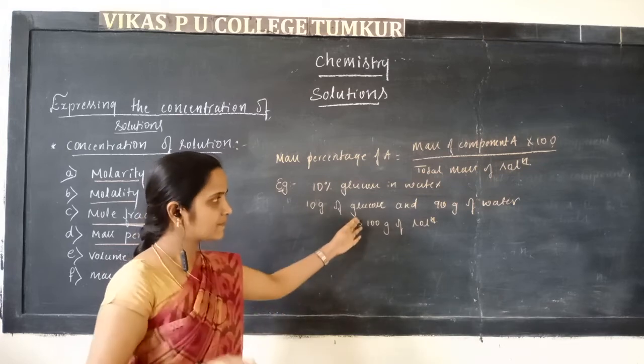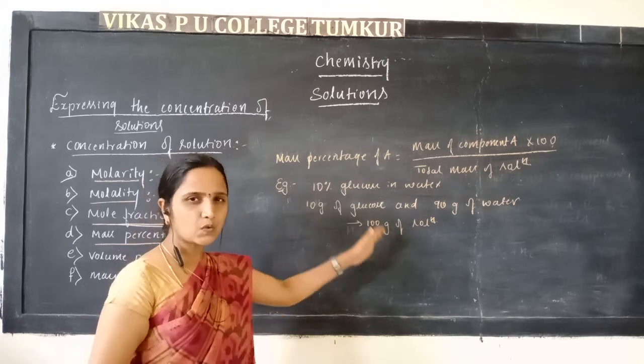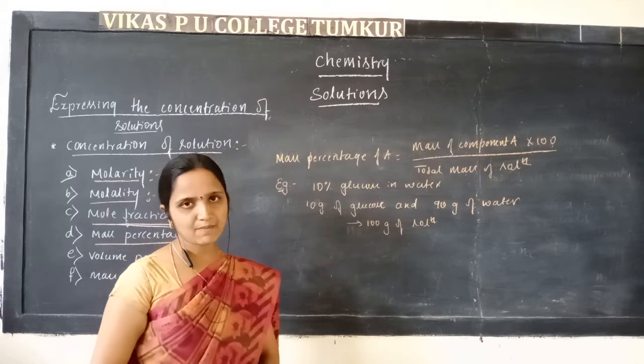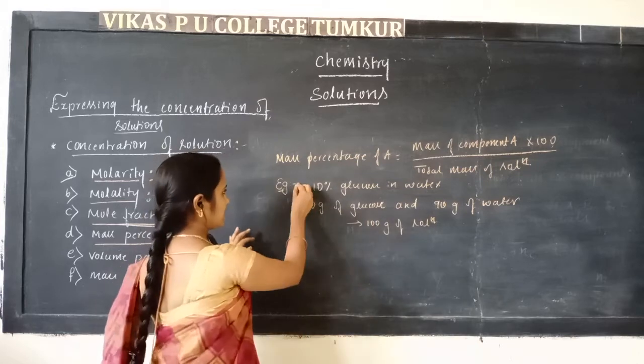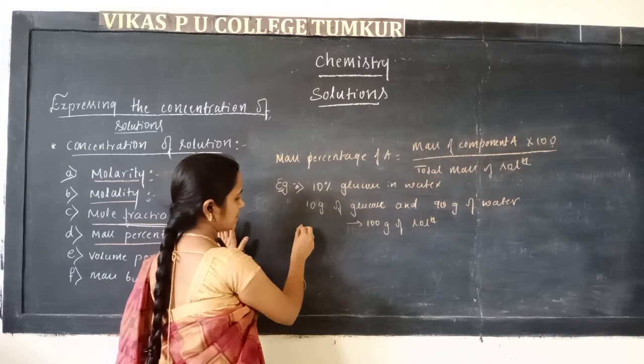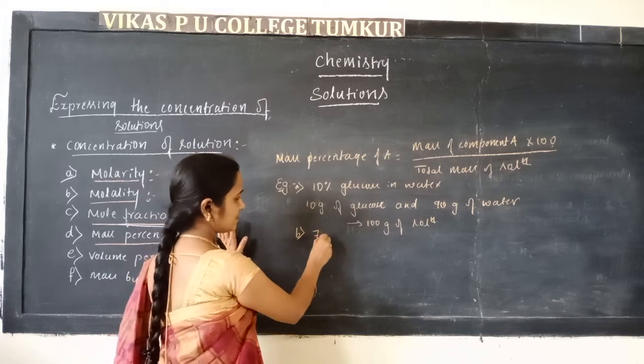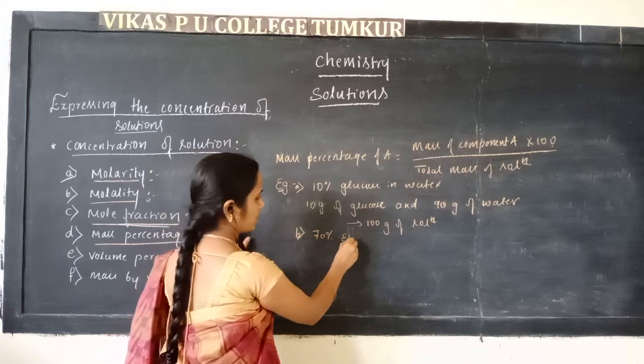It means that 10 gram of glucose is present in 90 gram of water. Suppose another example, 70% of ethyl alcohol.